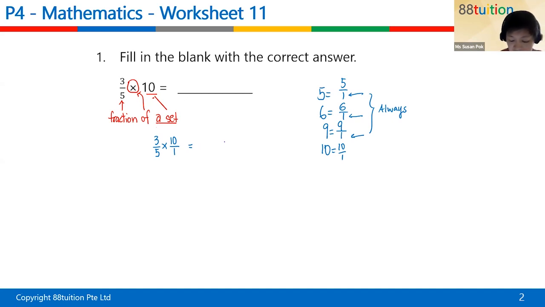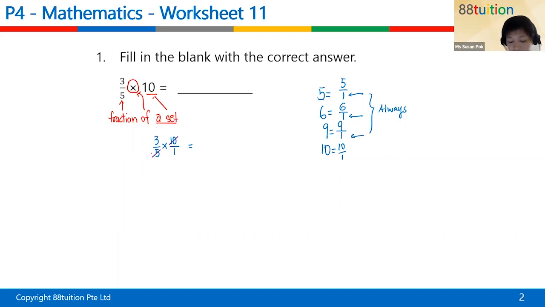The numerator is 10, the denominator is 5. Why I say 5 and 10 can be reduced to simplest form is because 5 and 10 are multiples of 5. That means both can be divided by 5.